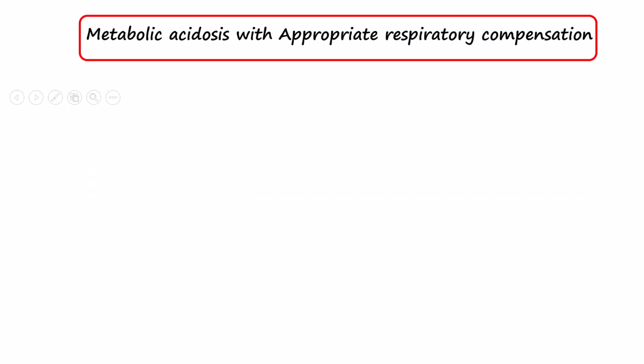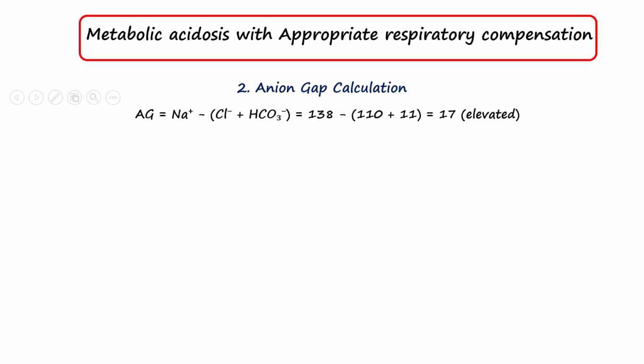We now check anion gap as the disorder is metabolic acidosis. An anion gap of 17 is elevated, so acidosis is high anion gap metabolic acidosis. We can rely on this anion gap as albumin is also in the normal range. Lastly, we check whether there are additional disorders along with high anion gap metabolic acidosis using delta ratio.